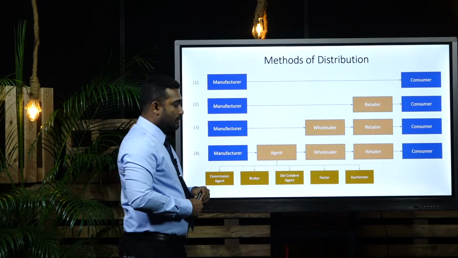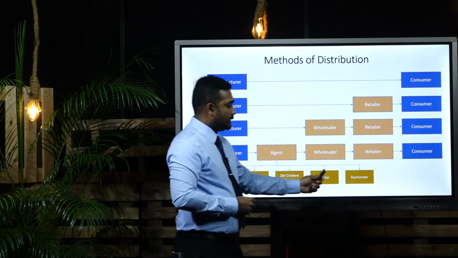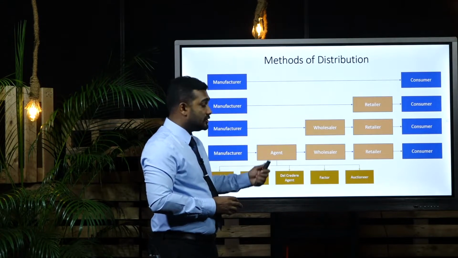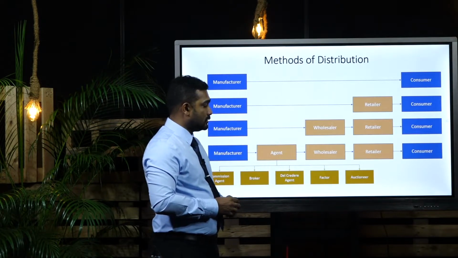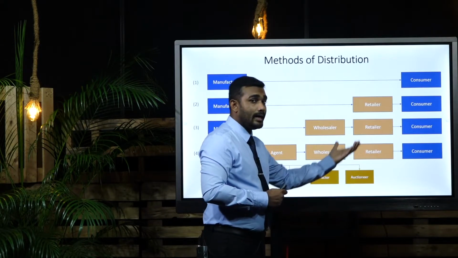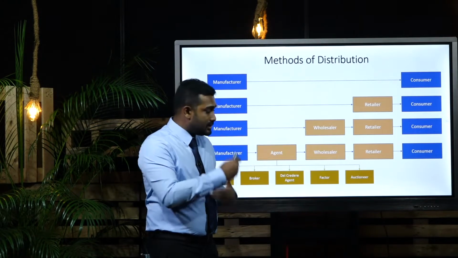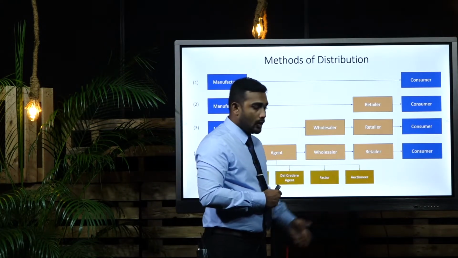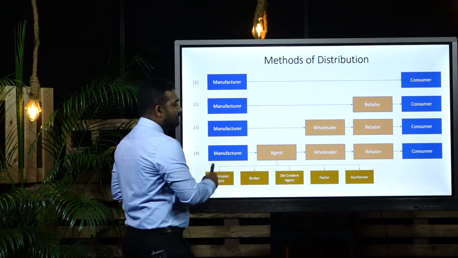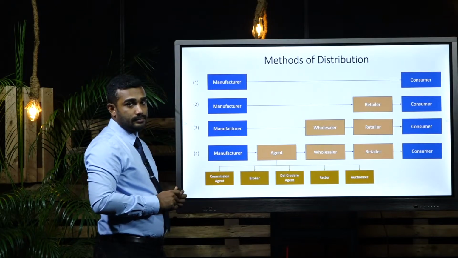By doing that, they will earn an additional income called an auction fee, because they are supposed to conduct an auction. As a result, they get an auction fee. So, these are the types of different agents.